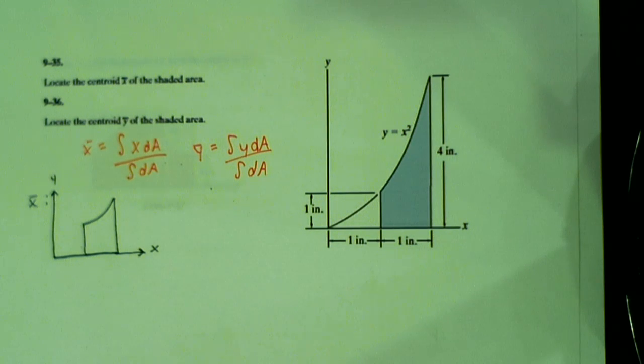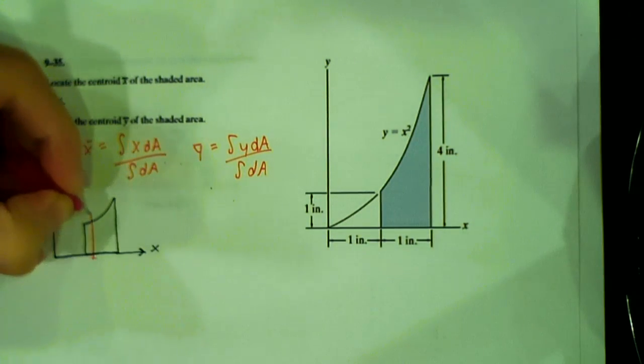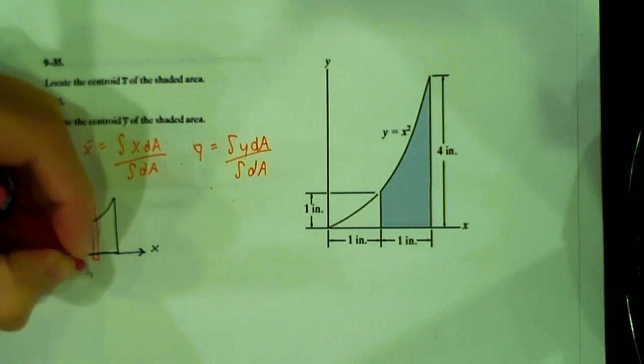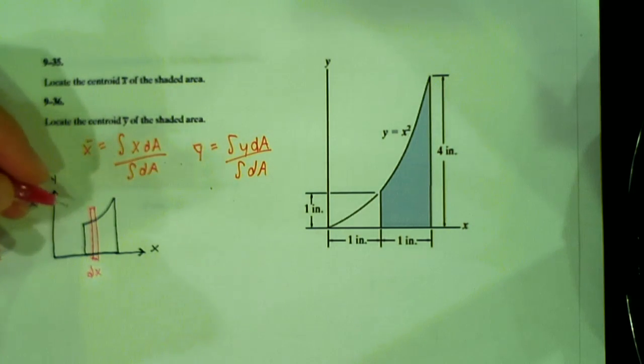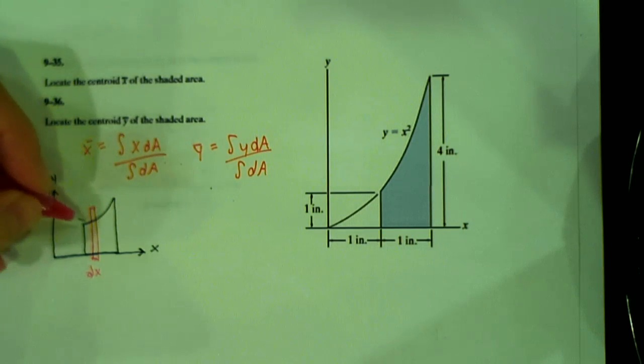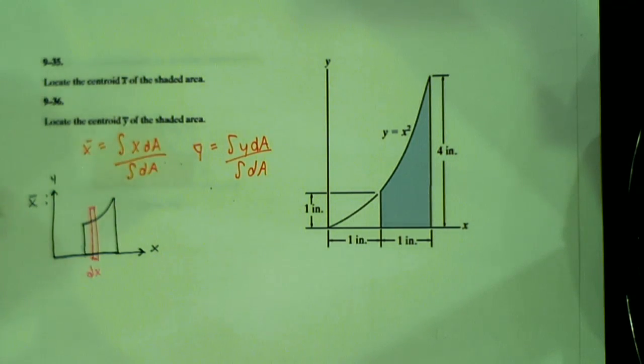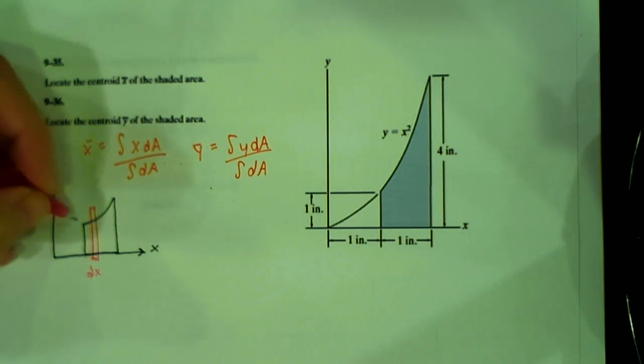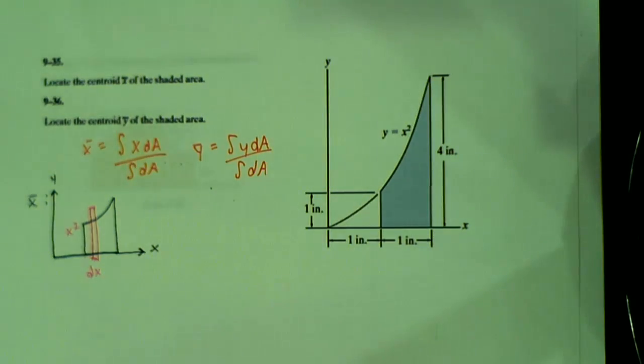Dx. So we want the little piece like this. This is dx, and then we have our height. The height of this is going to be top minus bottom, right? So the height is just equal to our equation for y, which is x squared.